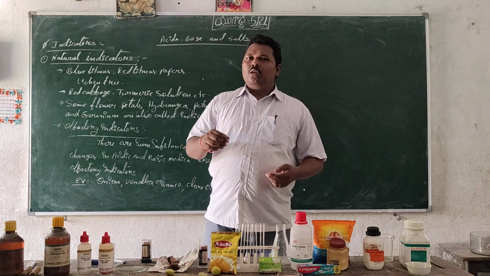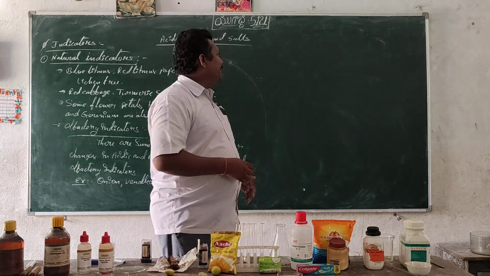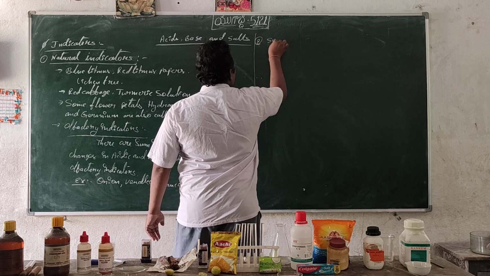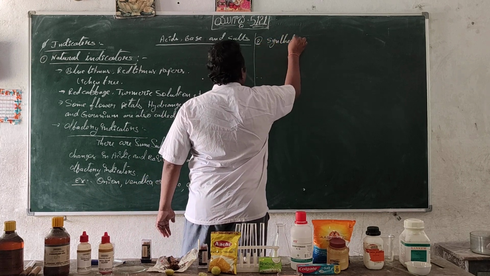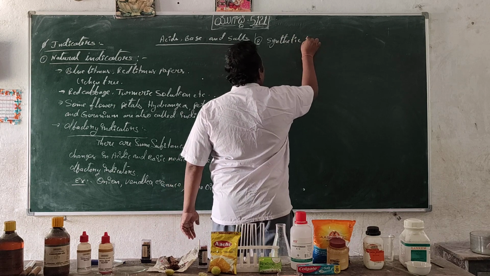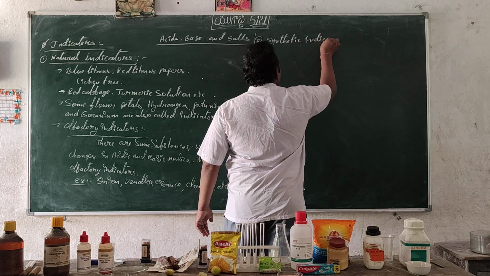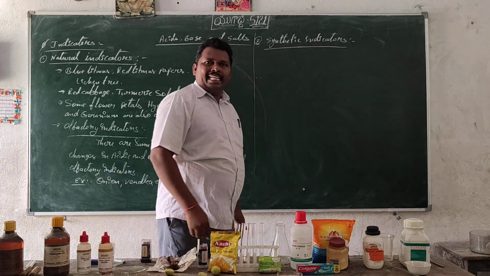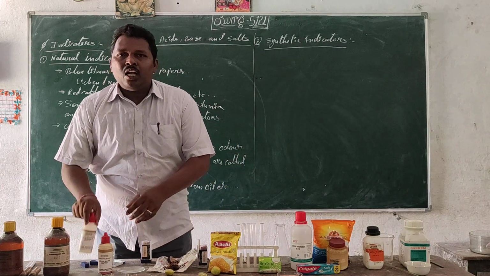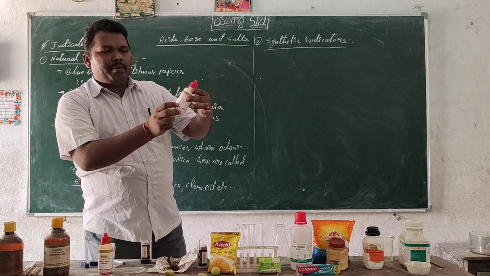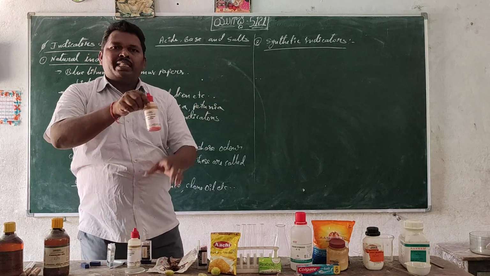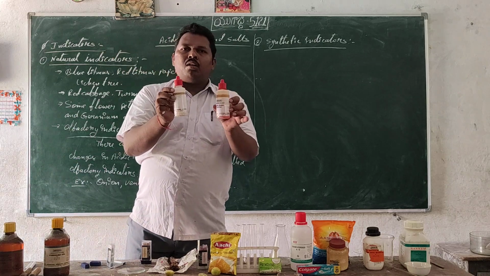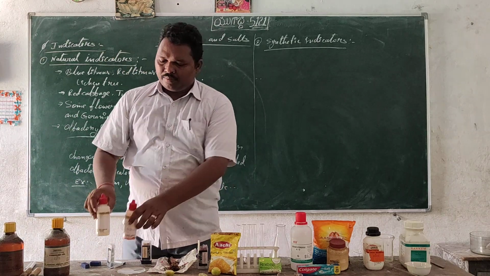So another type of indicators is synthetic indicators. One is methyl orange, and the second is phenolphthalein. They are also called laboratory indicators.